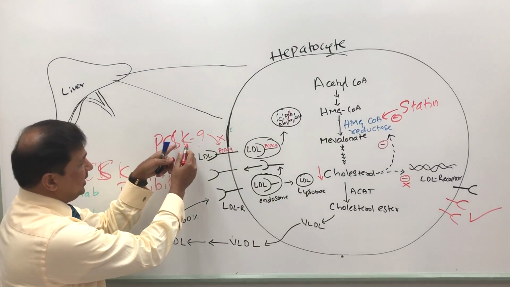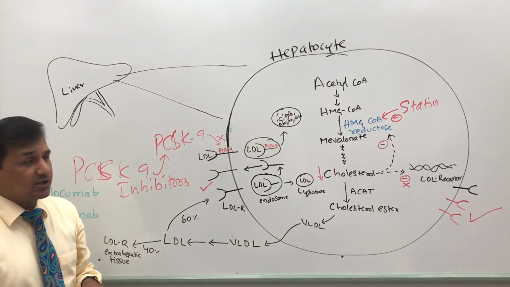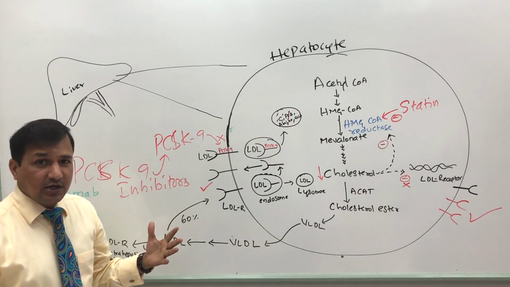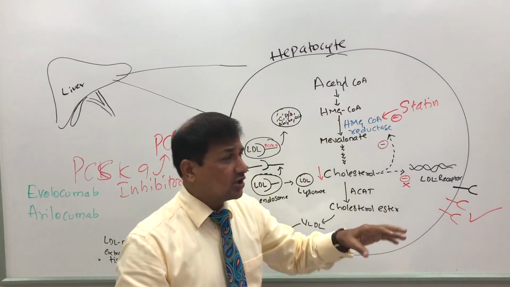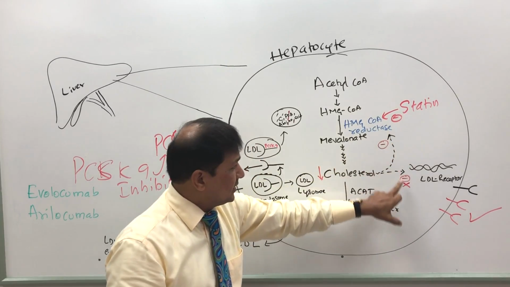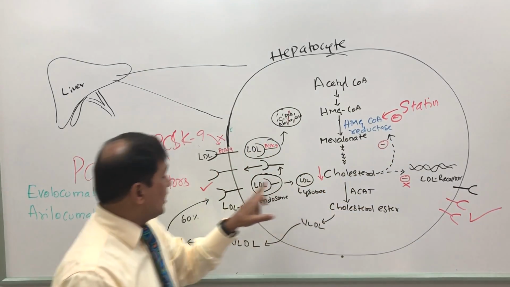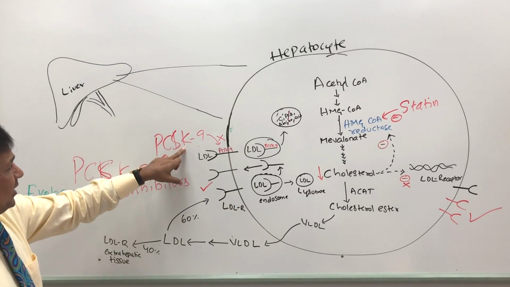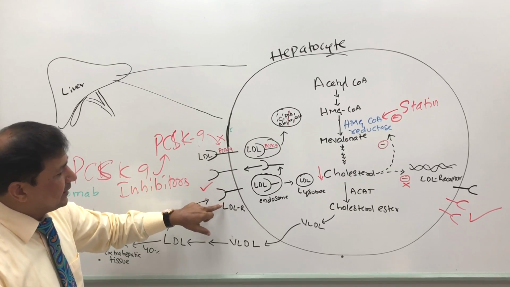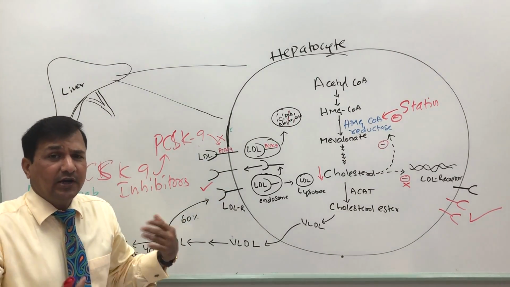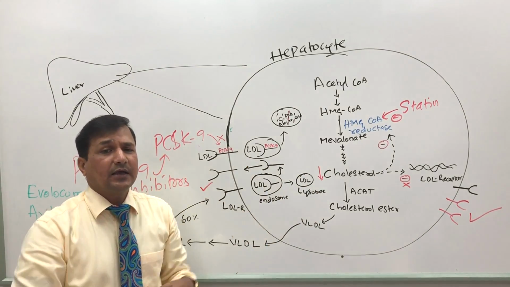PCSK9 inhibitors, by binding with PCSK9, also increase the expression of LDL receptors. So overall, in a bigger picture, statins increase LDL receptor expression by decreasing cholesterol in the cell. Even PCSK9 inhibitors, by binding to PCSK9, will also indirectly increase expression of LDL receptors. Whenever LDL receptors are expressed, that means more and more LDL can be taken into the cell.